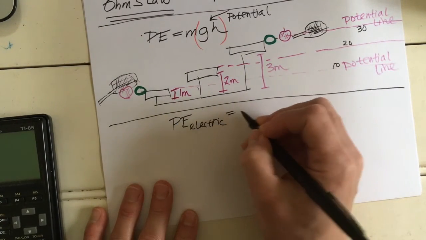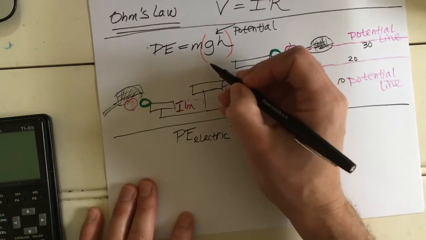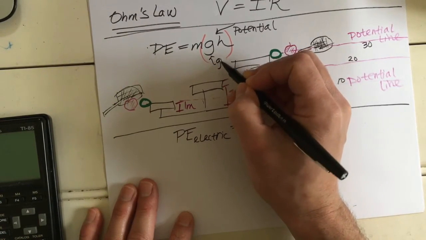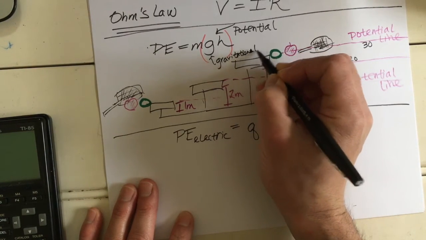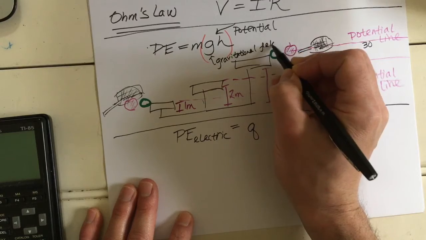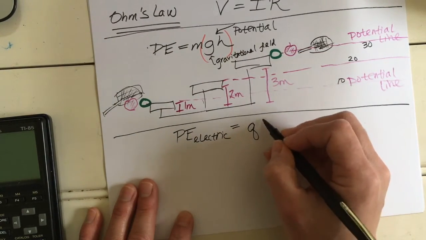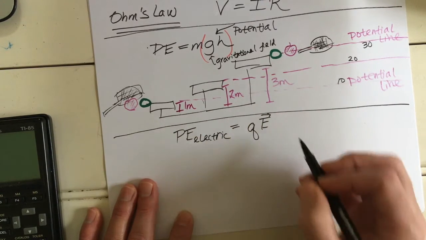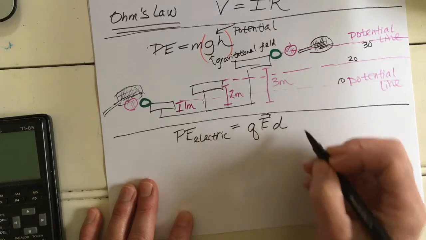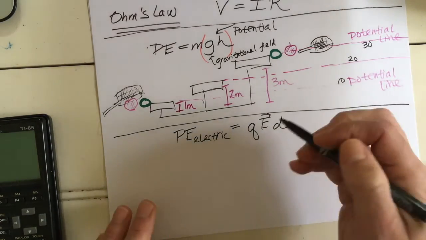And it can. And this can be equal to q times, well, g, if you remember, I gave g another name. I called it a gravitational field. And instead of a gravitational field, we'll call this an electric field. I'll give it a little vector symbol because it is a vector, times a distance. So I have qEd.